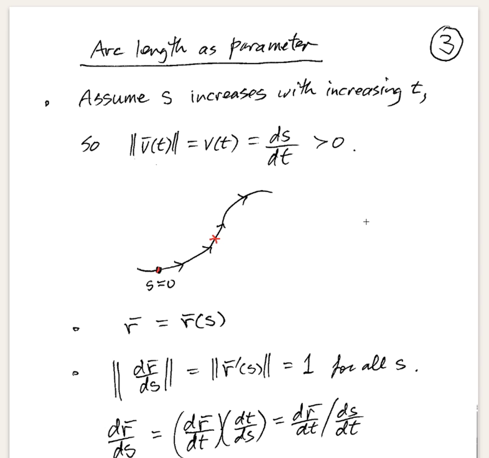Now, if you're going in circles like this, you can have multiple values of s actually corresponding to the same point. Okay? But that's okay. That's not going to bother us here. One of the things we are going to do here, though, is assume that s increases with increasing time in my calculations below.